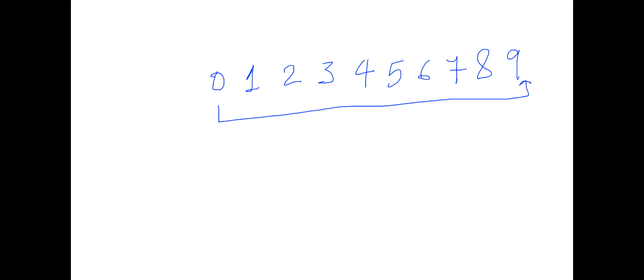Now let's try to understand one thing. See, 0, 1, 2, 3, 4, 5, 6, 7, 8, and 9. How many total digits are there from 0 to 9? 10.